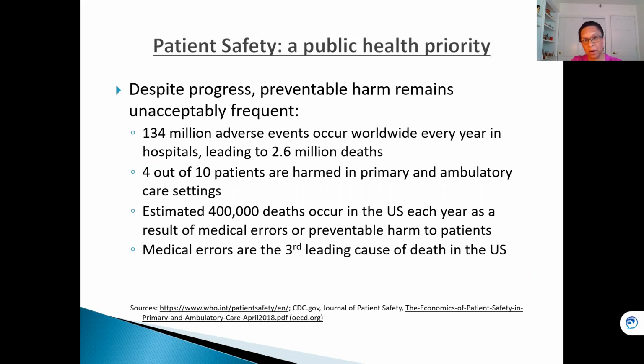Now, this is going a little bit into the different sectors or bubbles you can start dividing safety events and occurrences into. You're thinking about inpatient care as one big bucket, you're hospitalized and so forth. And the other large bucket is primary care, ambulatory settings. You're thinking about, you went to your physician's office, a specialty practice, ambulatory surgical center, your pharmacy, labs. Those are all the primary and ambulatory care setting. And as more and more care is shifting to the outpatient, the potential risks on the outpatient side are rising more and more.